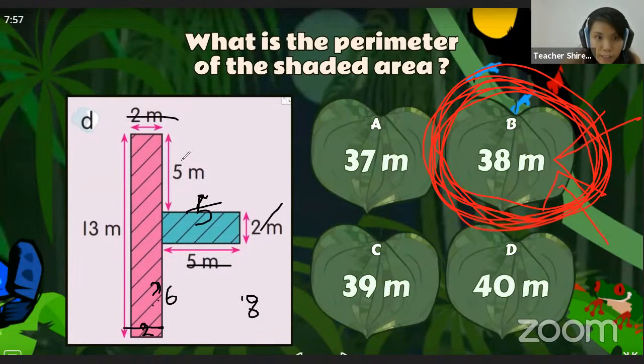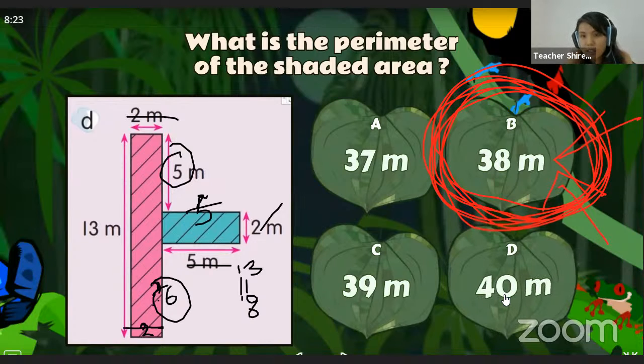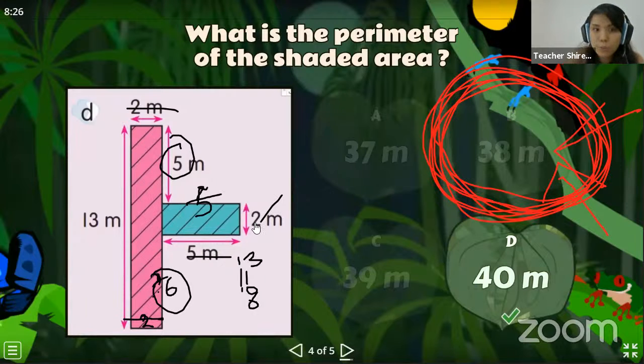Then here you get 11. Here you got 13. So what's the answer you get? 13 plus 11, you get 24, 24 plus 10, 34, 34 plus 6, you get 40. Got it? I think you might have missed this number too.